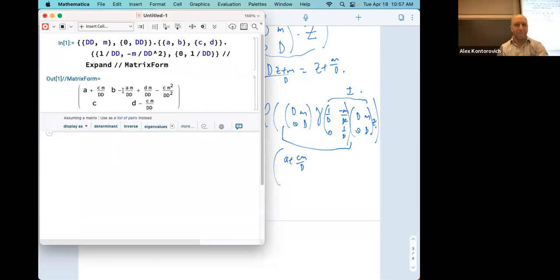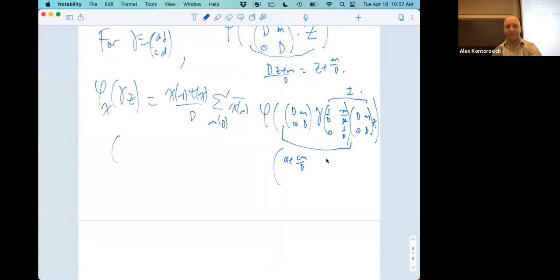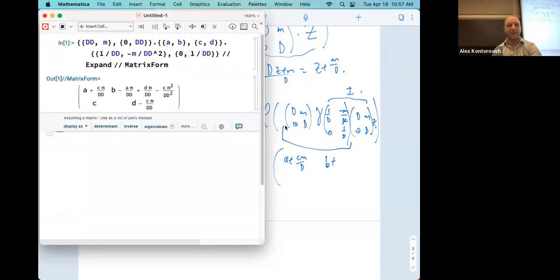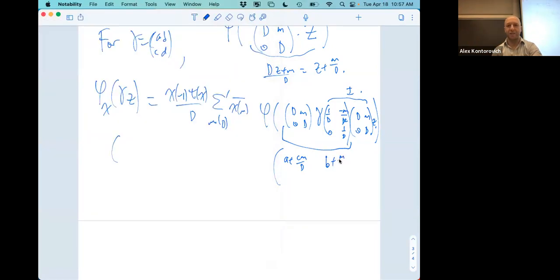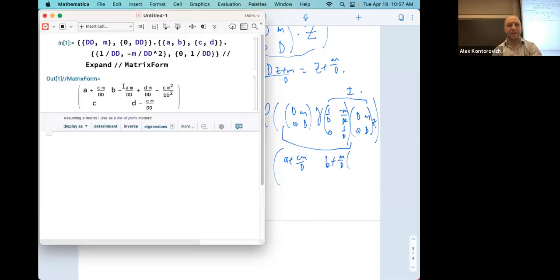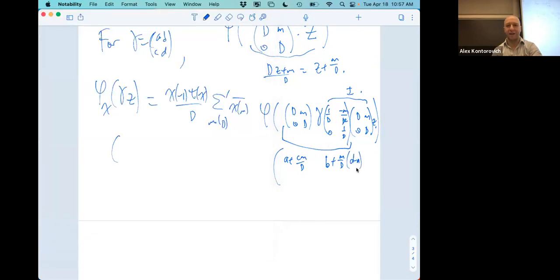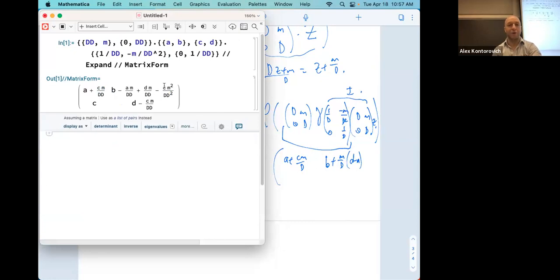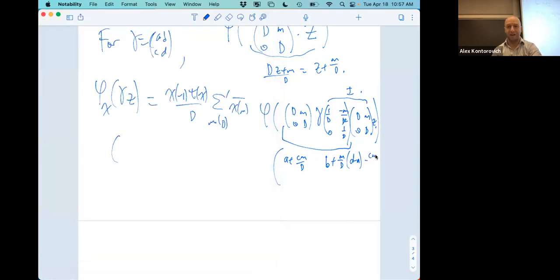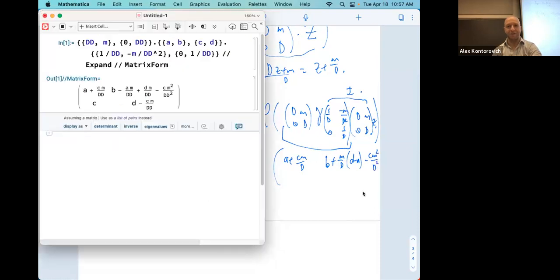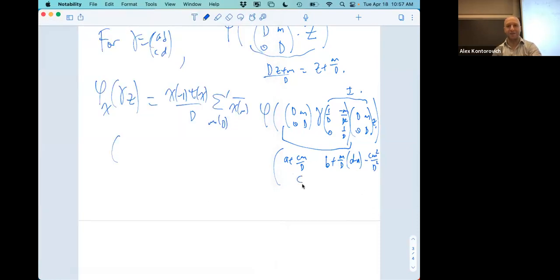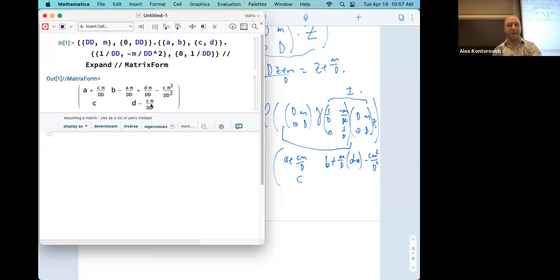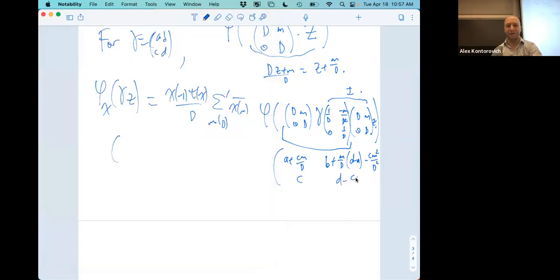B plus M over D times D minus A, minus C M squared over D squared, and then a C here, and then a D minus CM over D. The coefficients of gamma are ABCD.